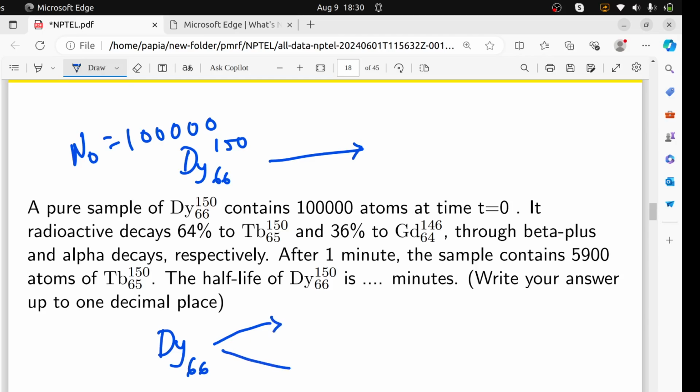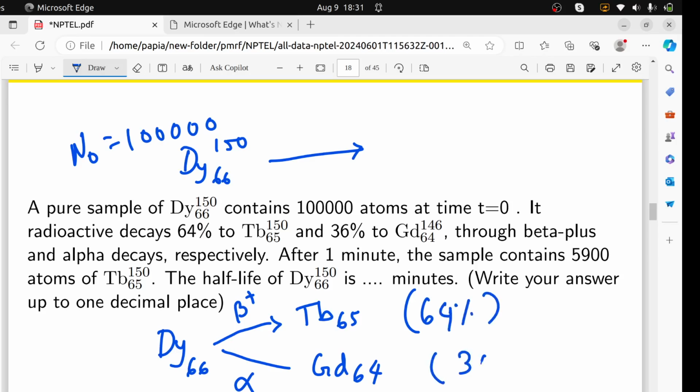In the first way, it will decay through beta plus and become Tb 65. In the second way, it will decay through alpha and become Gd 64. Now, what is the percentage of doing these things? The first process will be 64% and the second process will be 36%.